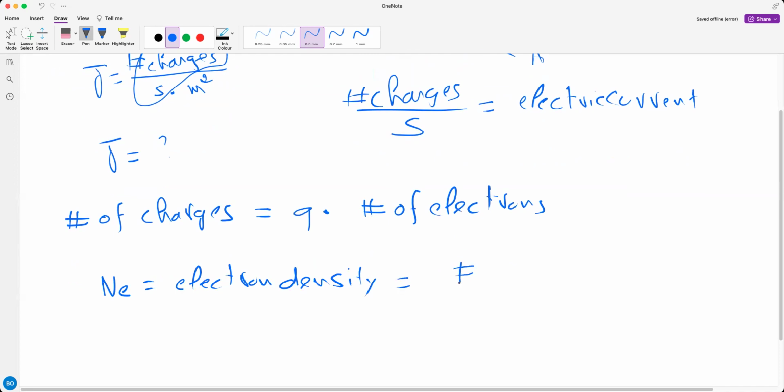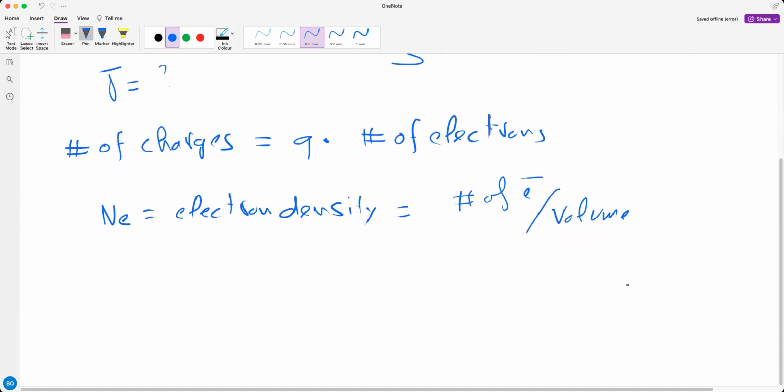It's the number of electrons per volume. So if I want to calculate the number of electrons per area, it's equal to the electron density times delta x.